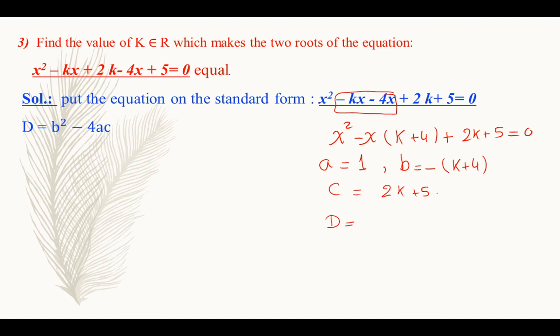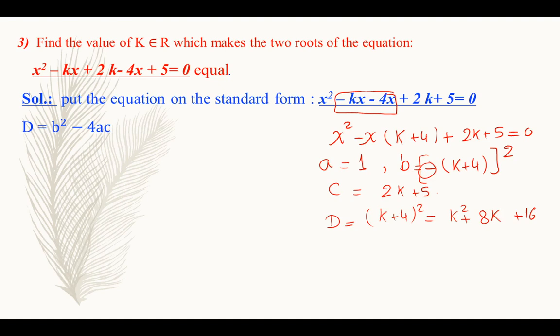If we square negative (k plus 4), the power 2 cancels the negative sign, because negative 1 to the power of 2 equals 1, and the result is (k plus 4)². Which equals k² plus 16, plus the third term, first times second times 2, which is 8k.